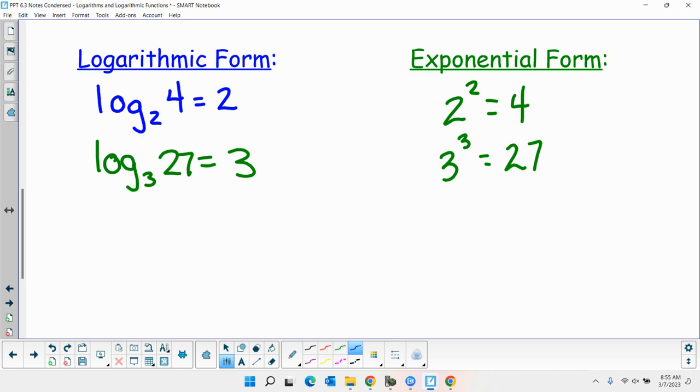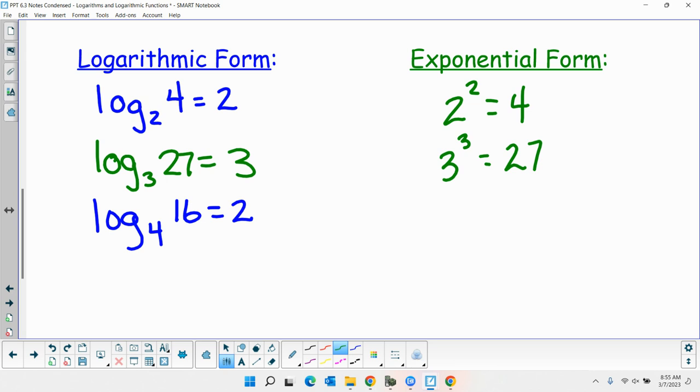Oh, I should have done that in blue, sorry. Log base 4 of 16 equals 2. Who can give me the exponential form? Maddie? 4 to the 2. Right, this is the base.